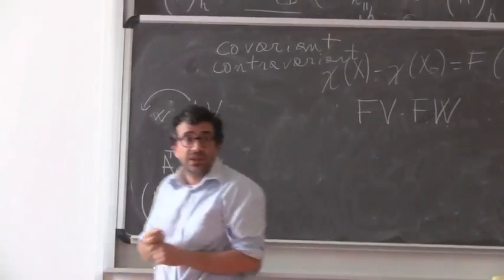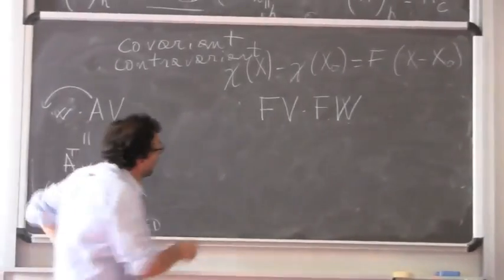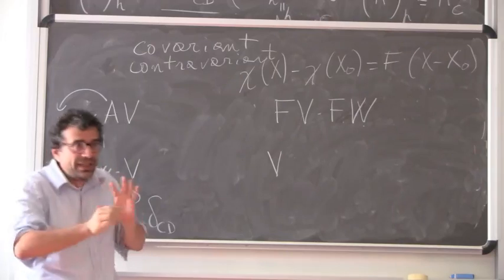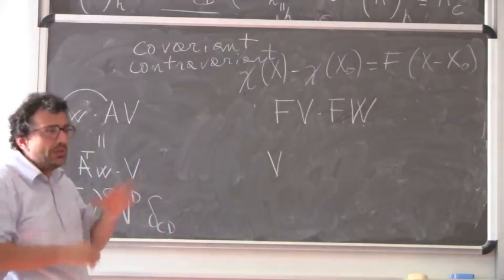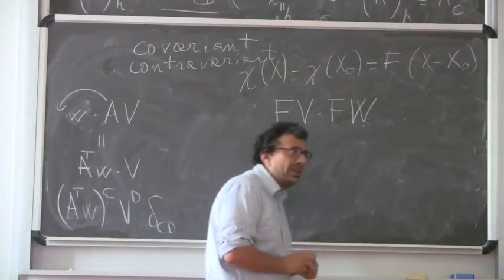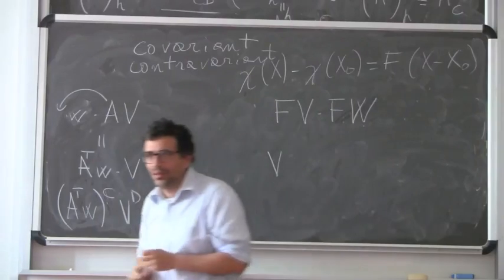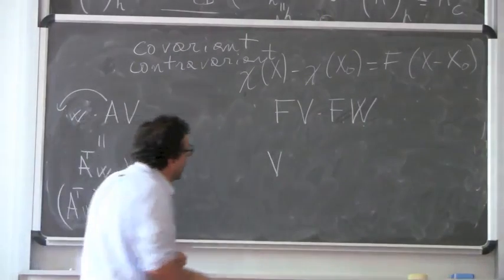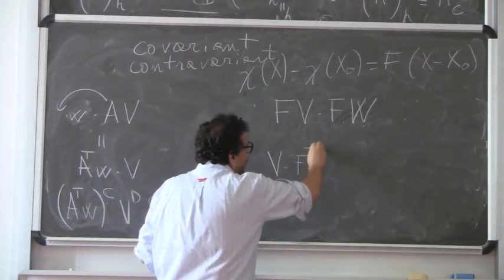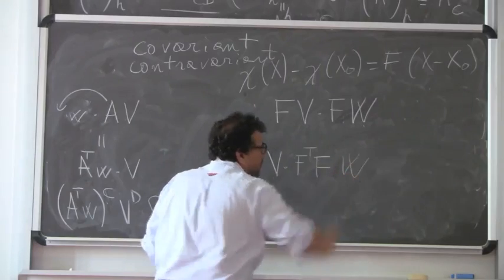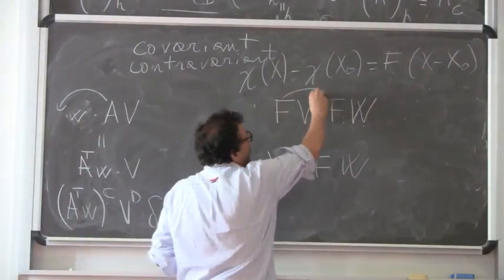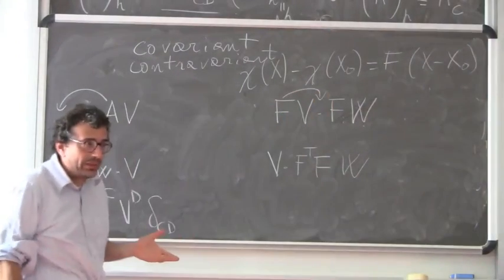Now, this inner product, we can calculate it in many different ways. And we start doing it with different techniques, because this is very important. So we can write V dot F transpose F down, because F can jump to the other point.